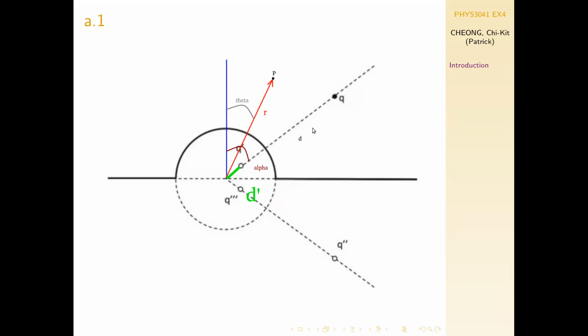Also, from the problem, we know that there is a particular charge Q located here.